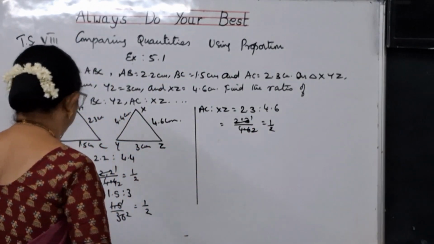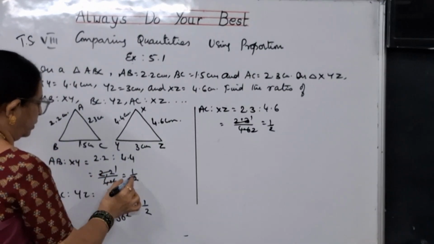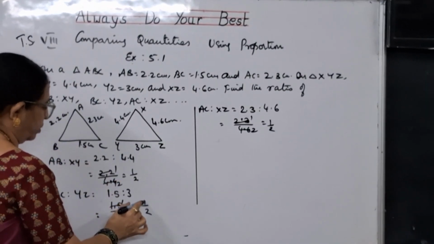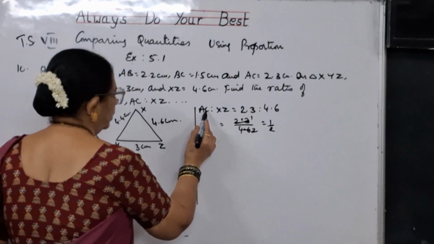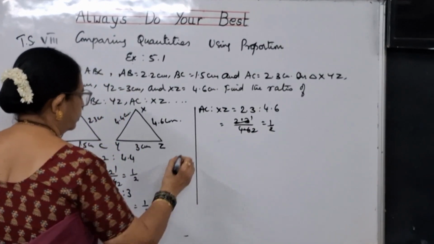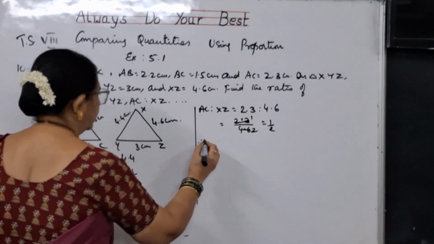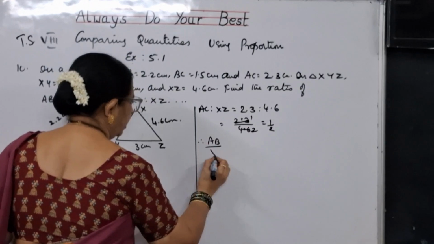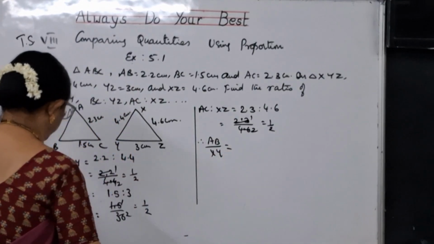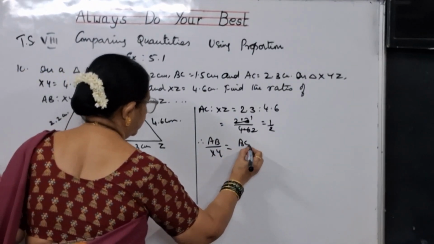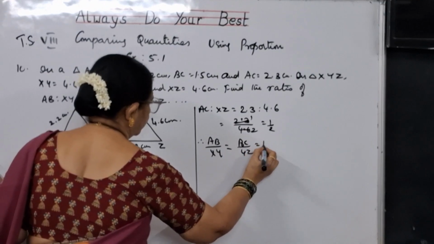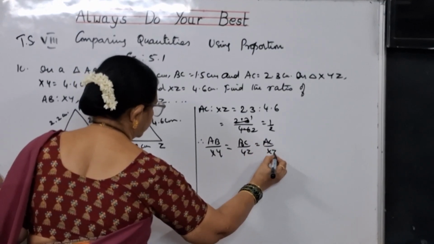So you see, AB is to XY is 1 by 2, BC is to YZ is 1 by 2, AC is to XZ is 1 by 2. Therefore, what you can say, AB by XY is equal to BC by YZ is equal to AC by XZ.